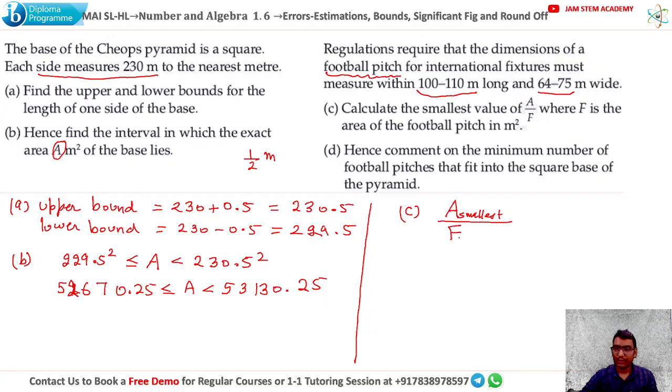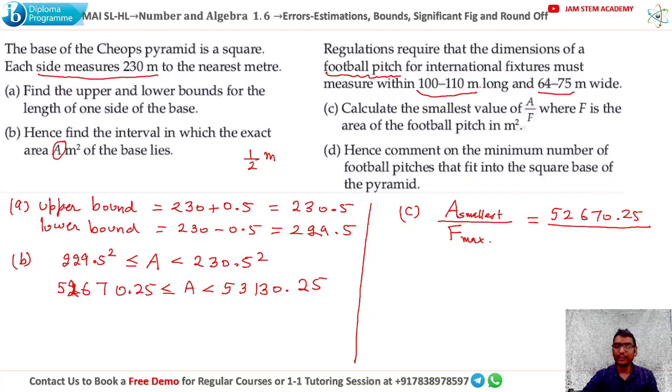Maximum of that. Why? Because if the denominator is more, overall answer is small. Because of that, I'm taking this. So the smallest area is 52670.25 divided by F max.